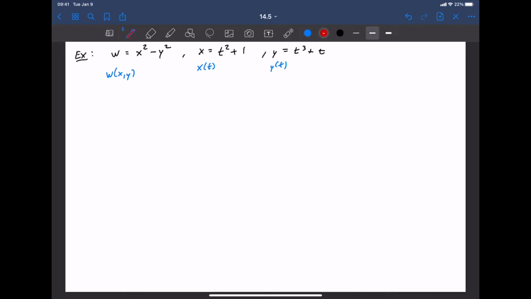So realistically, we have w is a dependent variable. It's purely dependent. x and y are now intermediate variables. At the end of the day, w is really based on t, the same thing x and y are based on, the independent variable.